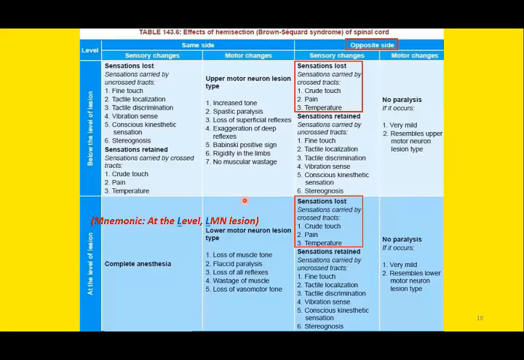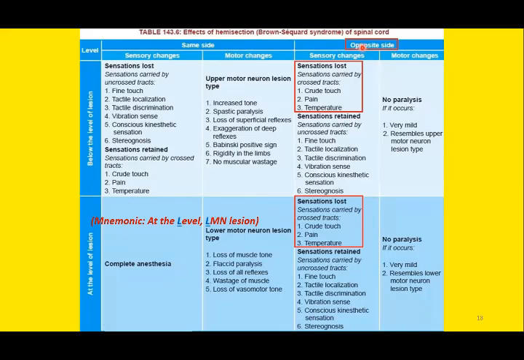And these are the different signs which are present on the ipsilateral and contralateral side of the body in Brown-Sequard syndrome. Although this table looks a bit complicated, it is not that complicated. You can see the ipsilateral side on the left side and the contralateral side on the right-hand side.